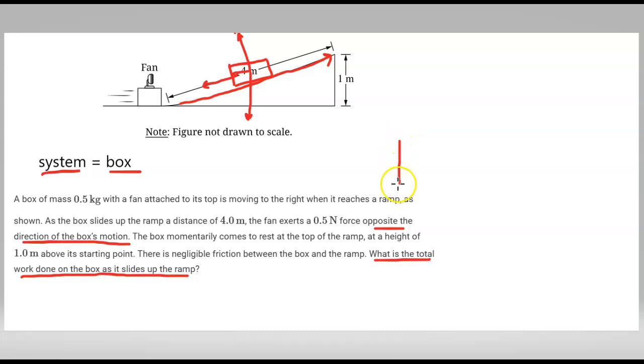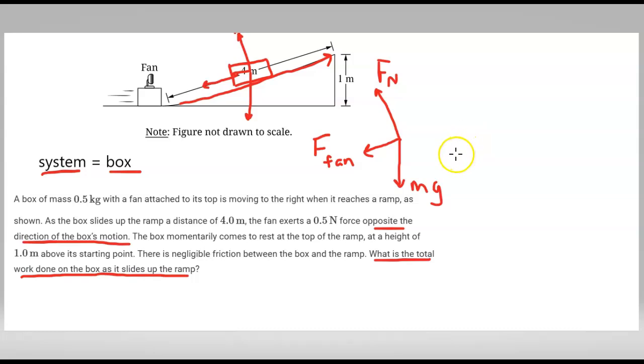Again, we've got mg going down, always. We have the normal force acting this way, Fn. And then we have the fan acting opposite the direction of motion. So the fan is actually trying to push it back down the ramp.